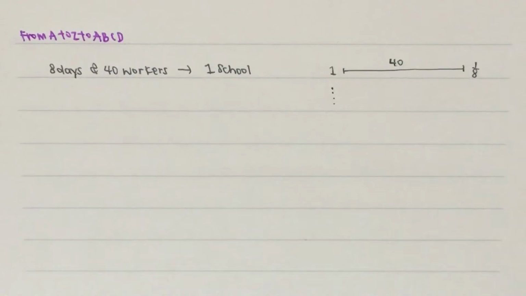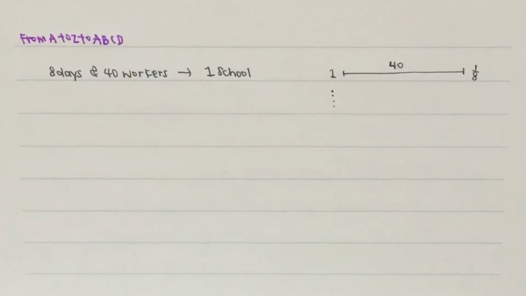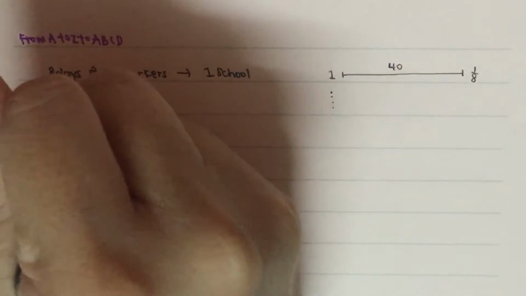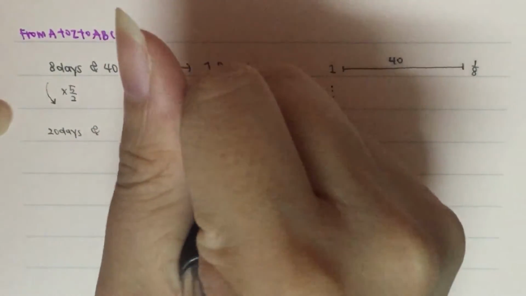So let's start on the question former. You realize that the number of days is 20 days. So over here, to produce 20 days, I'll need to multiply by 5/12. Then we are given that they are only required to paint 1 school.